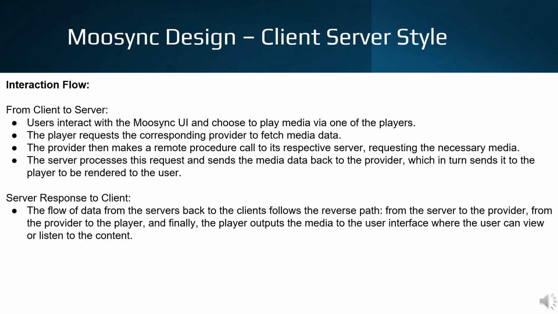The remote server processes this request and sends the media data back to the provider. The provider then relays this data to the player, which renders the content for the user to view or listen to. Coming to the server response to the client, the return flow of data follows the same path in reverse.